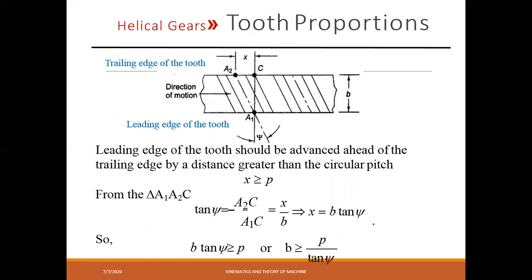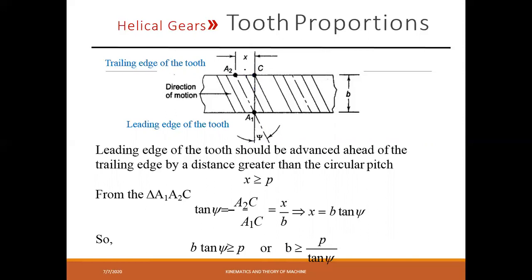Now the leading edge of the tooth should be advanced ahead of the trailing edge by a distance greater than the circular pitch, right? So x should be greater than or equal to the pitch.